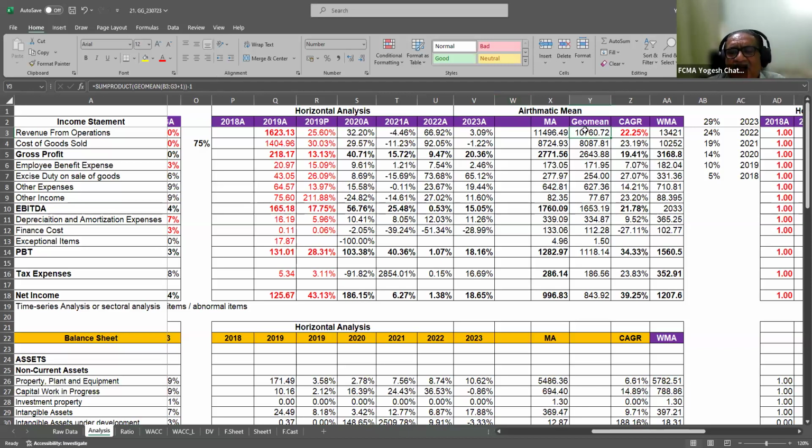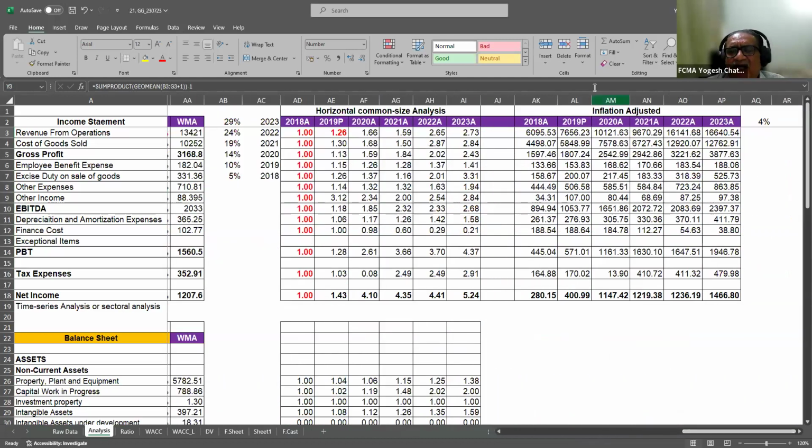So we can make use of that for making the projection. And one thing, the geometric mean will always be less than the moving average. So when we are making the projection, for conservative purposes, we can make use of the geometric mean. So that is about the geo mean.